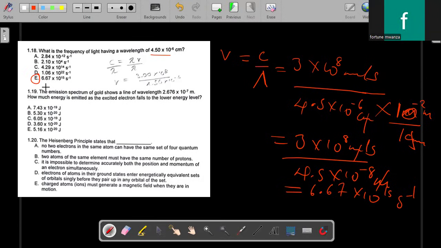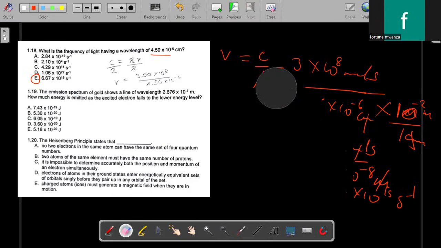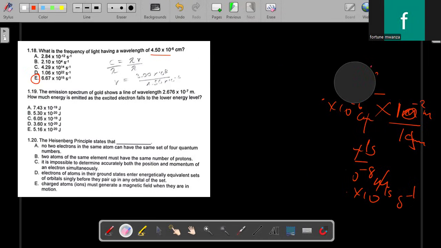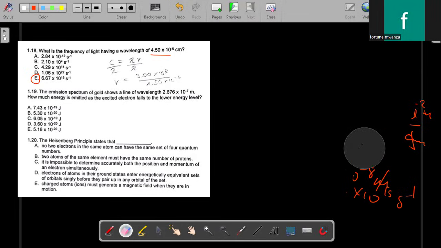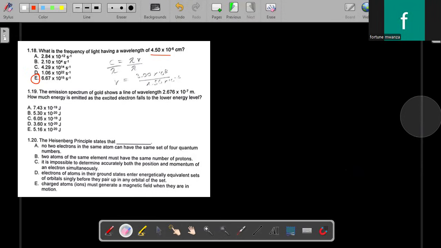So we can go to question number 19. Question number 19 is saying the emission spectra of gold shows a line of wavelength 2.676 times 10 to the power negative 7 meters.